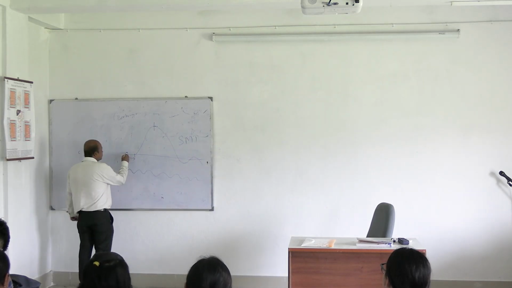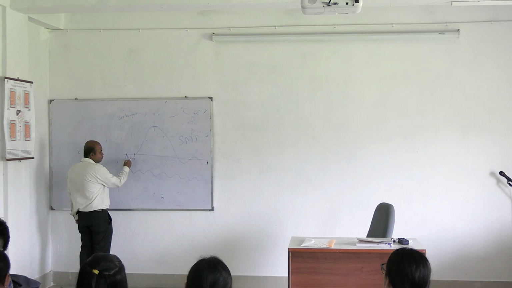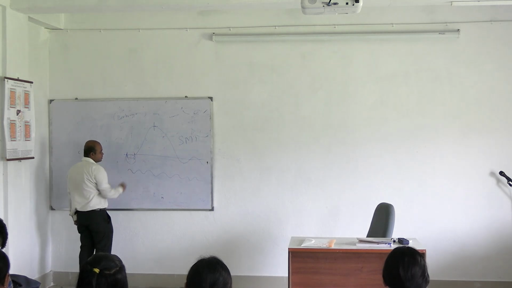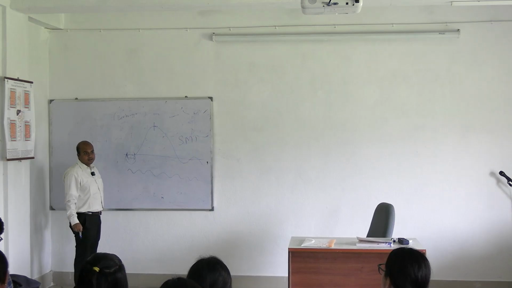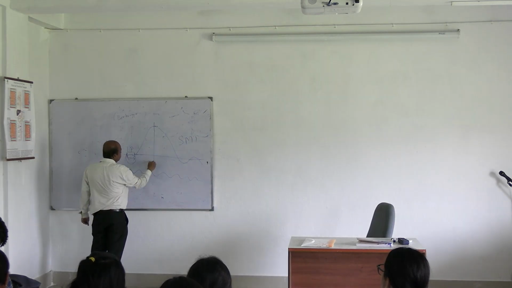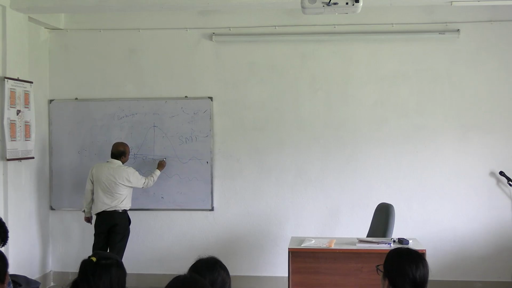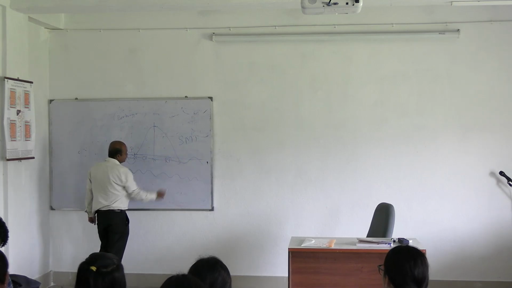Now this period, which cannot be recorded humanly, but starts just after the stimulus, is called the latent period. This is the height of contraction, the contraction period, and this is the relaxation period.